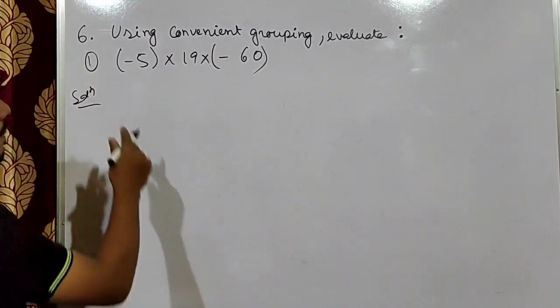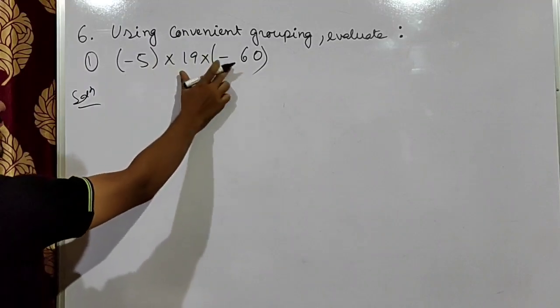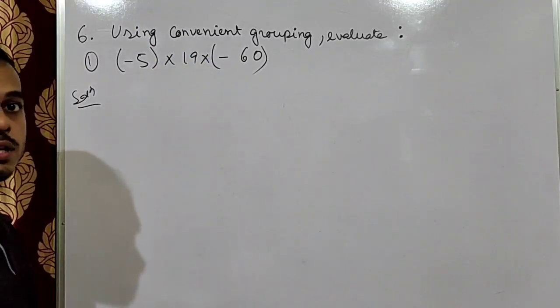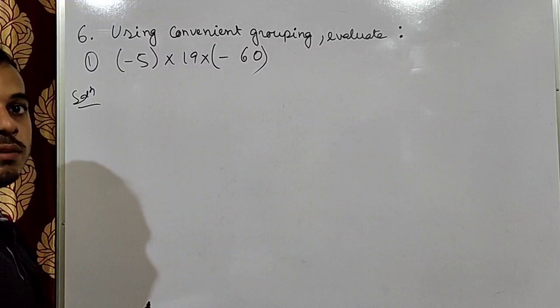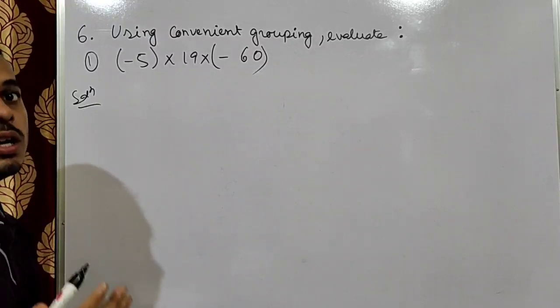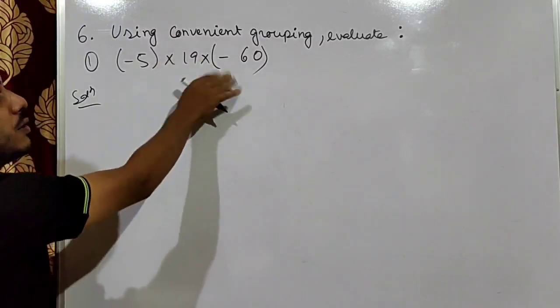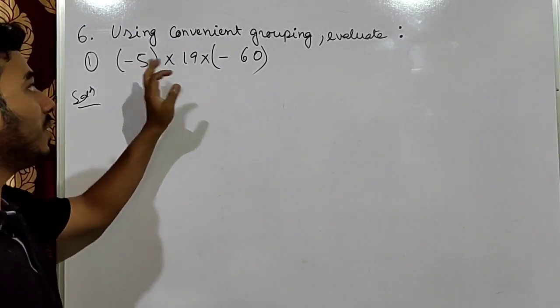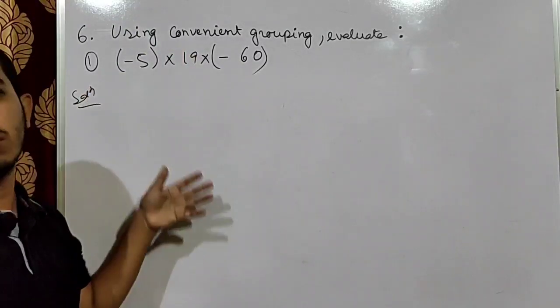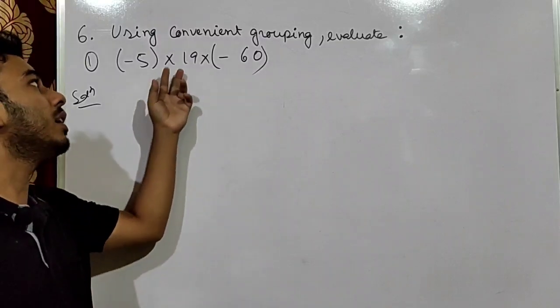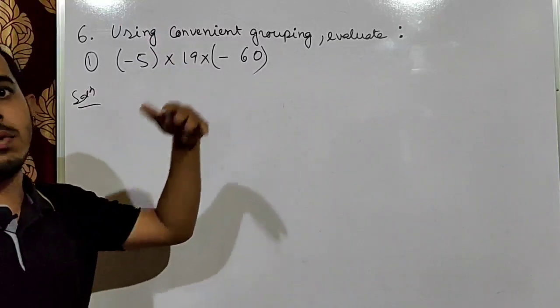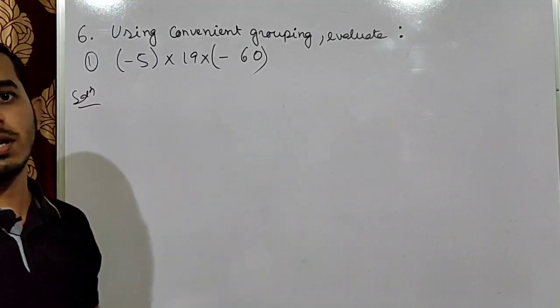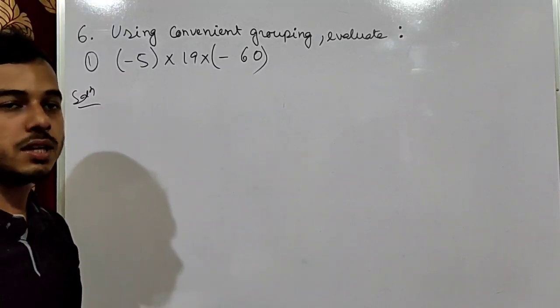Now look, if we multiply a negative sign with a negative sign, it is very easy, right? When we multiply two negative numbers, the result is always positive. Why did I choose these two negative numbers first? If I multiply a negative with a positive, first we have to give one negative sign, then if that negative number is multiplied with another negative number, then a positive sign. It is a bit clumsy, right?